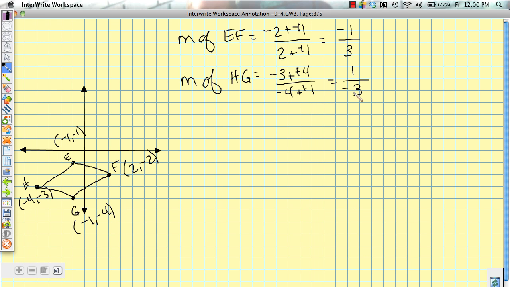Both of them have a slope of -1/3, so EF and HG are parallel. But we need to make sure that the other two sides are parallel as well.